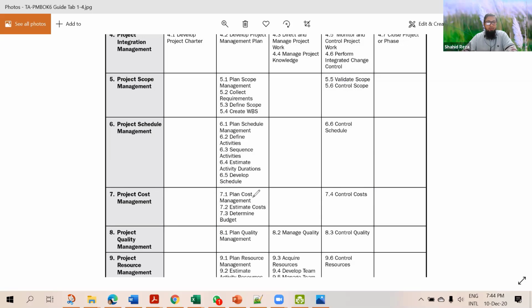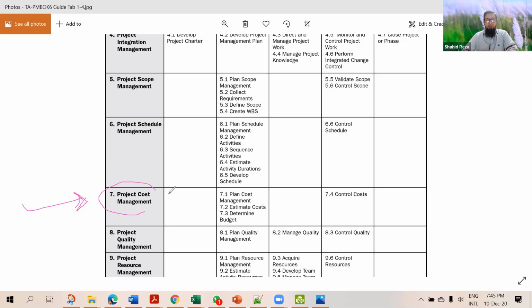So let me briefly give you a high level explanation of all the processes of cost management. Whenever in PMBOK you start a chapter, meaning a knowledge area, first you need to ask why we need this cost management knowledge area in projects.